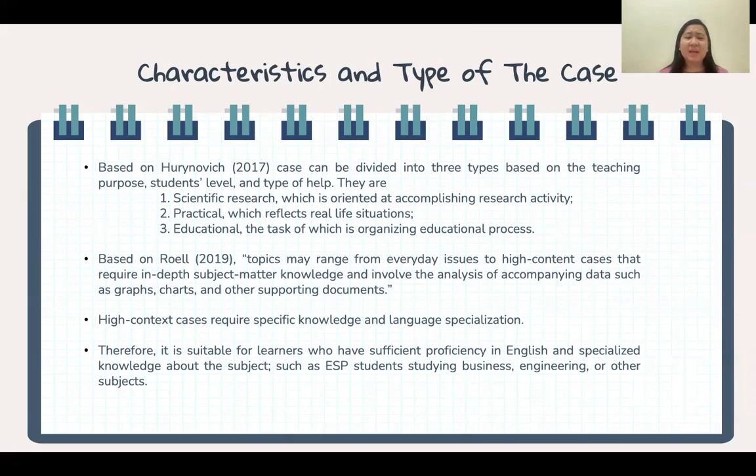So a high content case requires specific knowledge and language specialization. Therefore it is suitable for learners who have sufficient proficiency in English and specialized knowledge about the subject.